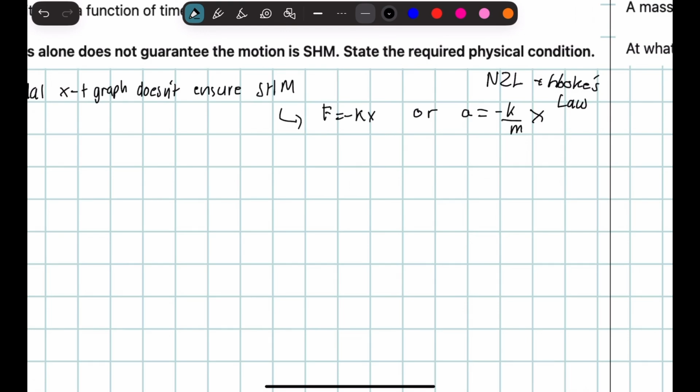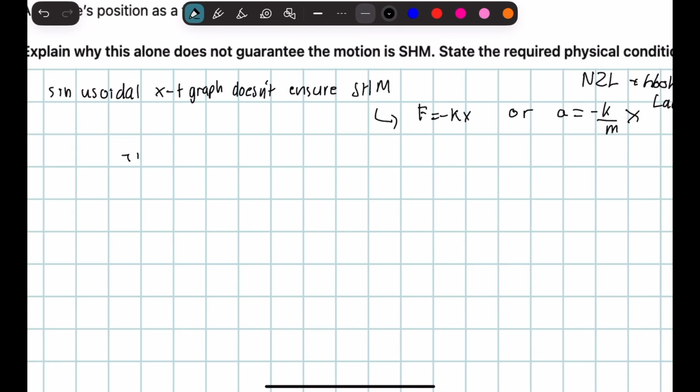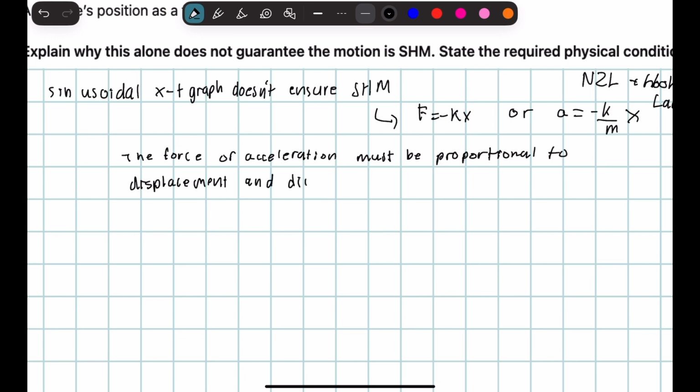So for a motion to be simple harmonic motion, again, the force or the acceleration must be proportional to displacement and directed toward equilibrium.